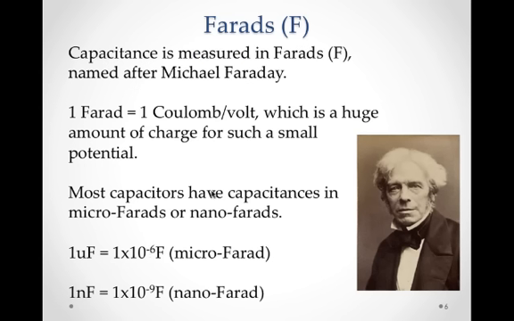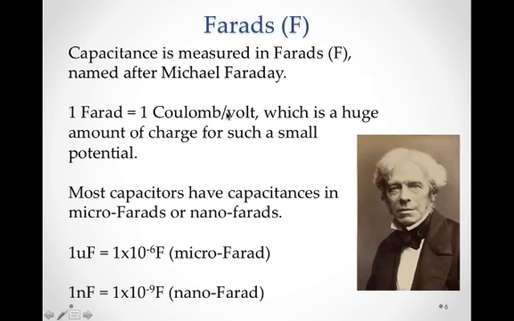As I mentioned earlier, capacitance is measured in Farads, given the symbol capital F, named after Michael Faraday, shown down here. And 1 farad is equal to 1 coulomb per volt. If you remember, capacitance is equal to the amount of charge per potential difference. But a coulomb is a huge amount of charge, if you remember that.